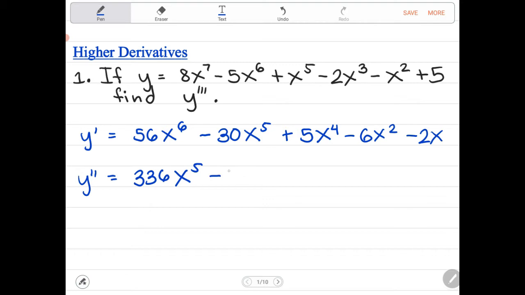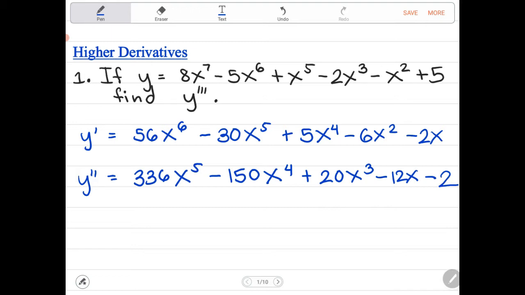Minus 30 times 5, that is 150. So 150 x raised to 4 plus 20 x cubed minus 12x minus 2. Okay? So this is the second derivative.